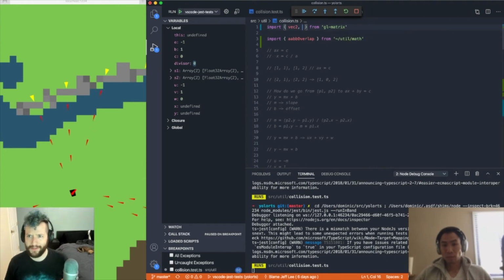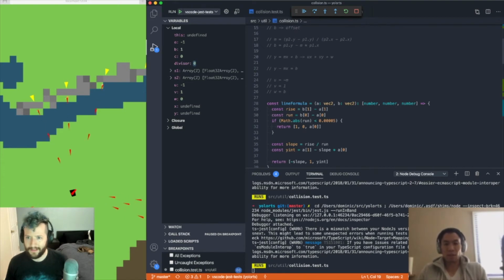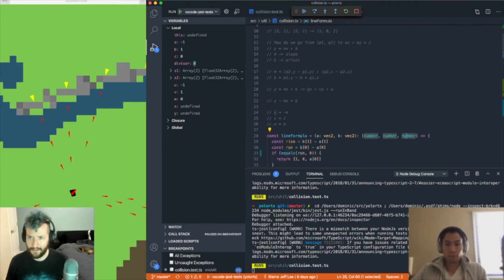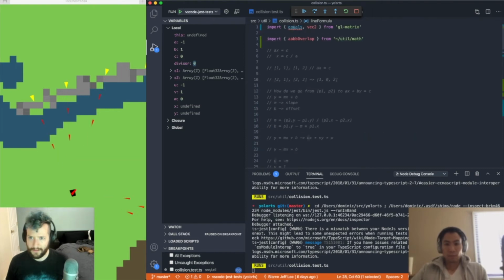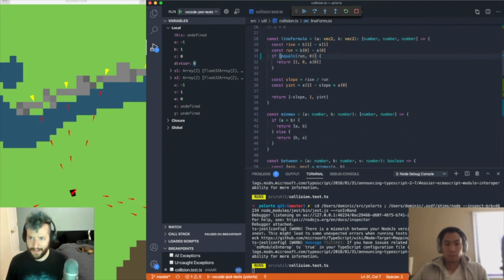Let's try equals. Bummer. Is it not exporting it at all? Is that the issue? And make sure it's not a not-use error. If that is 0. Yeah, it doesn't believe in this.